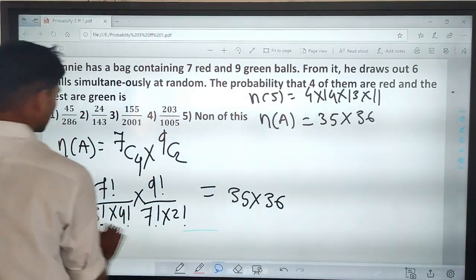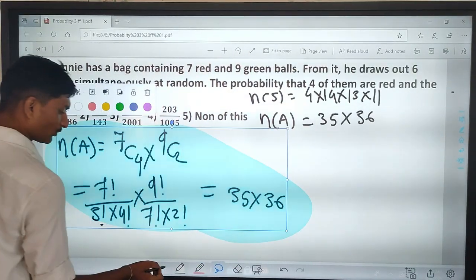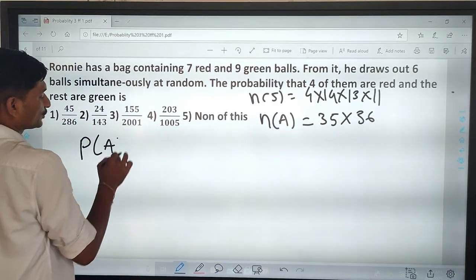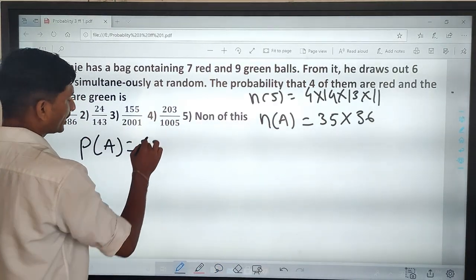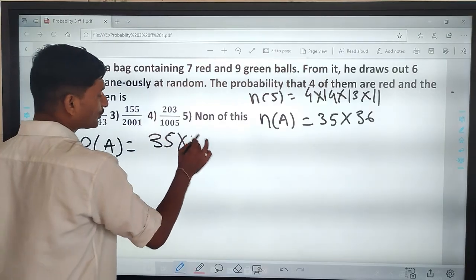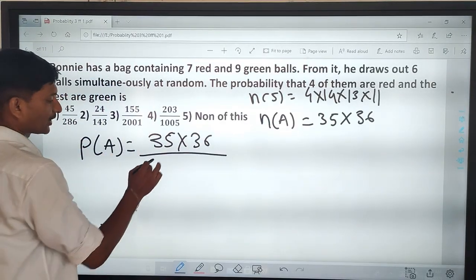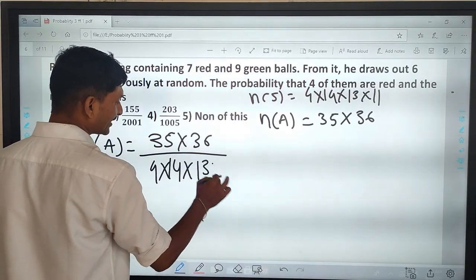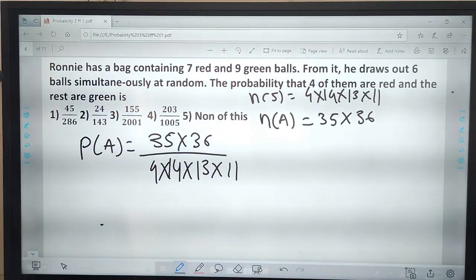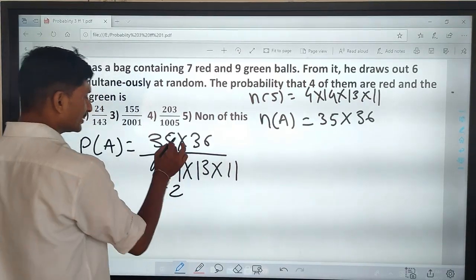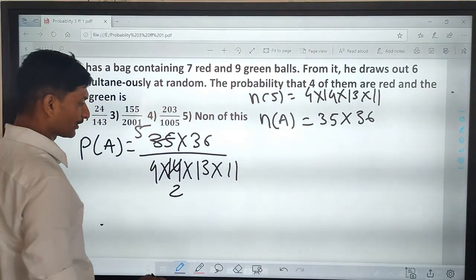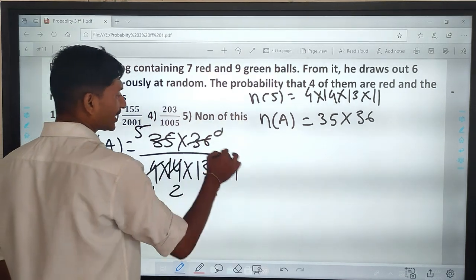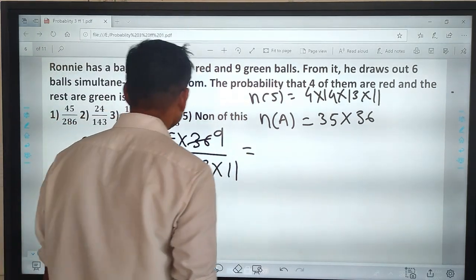Then we find P of A. P of A is equal to n of A, that is 35 into 36, divided by n of S, that is 4 into 14 into 13 into 11. Here 7 into 2 is 14, 7 into 5 is 35. Remaining 4 into 9 is 36.